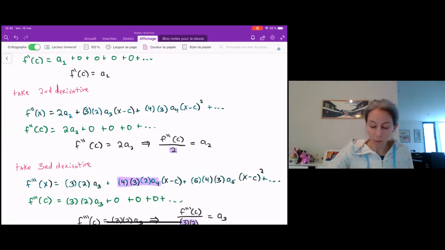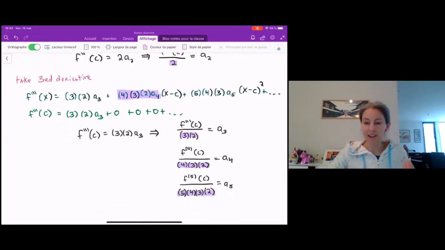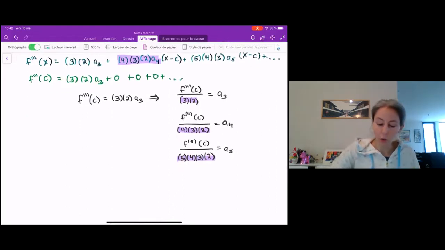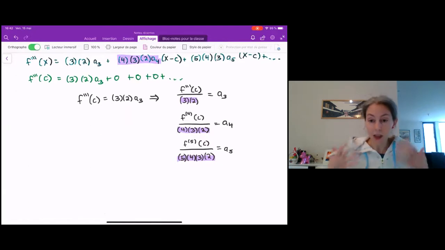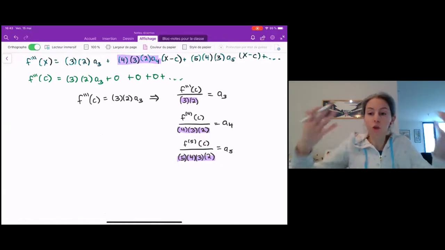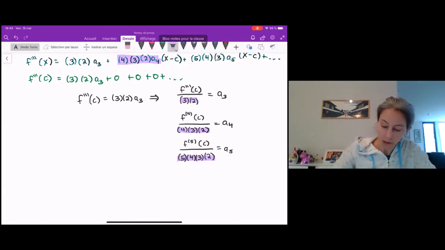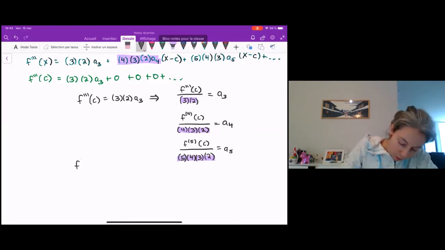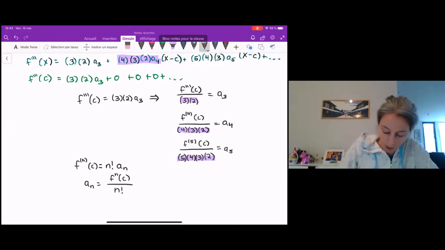And so what I'll end up with is n factorial. So if I wanted the nth a sub n, or the nth derivative evaluated at c, what I can see is that the nth derivative at c would be n factorial times a sub n. In other words, a sub n would equal the nth derivative at c divided by n factorial.